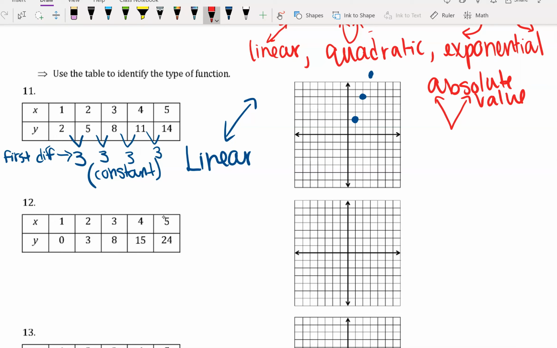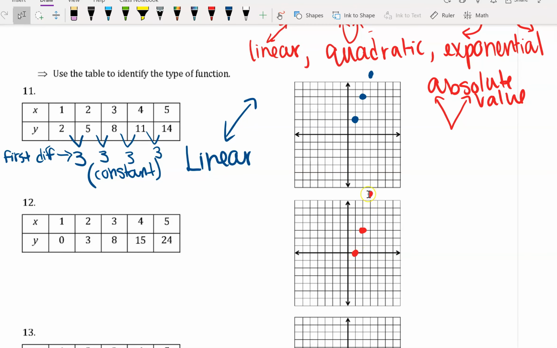So we've got 1, 0, 2, 3, then 3, 8, and then it's going to be way too high for me to graph. So I notice on this one that it doesn't appear to be super straight.